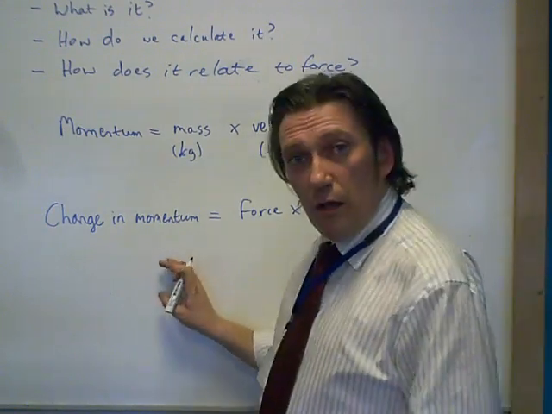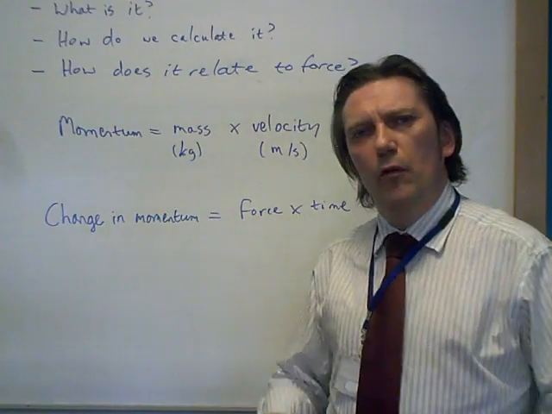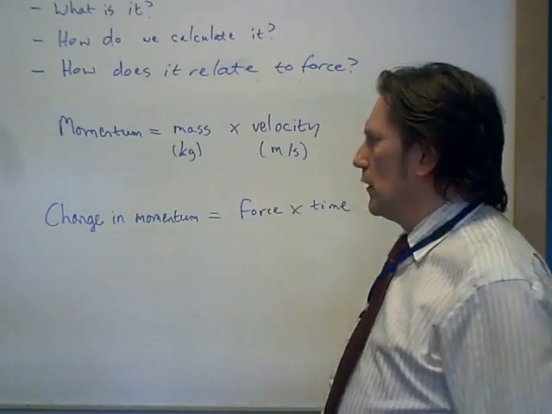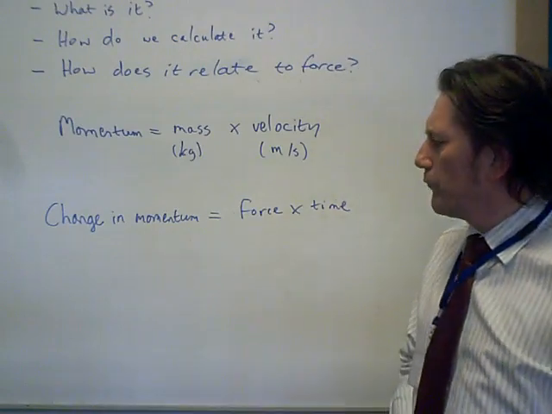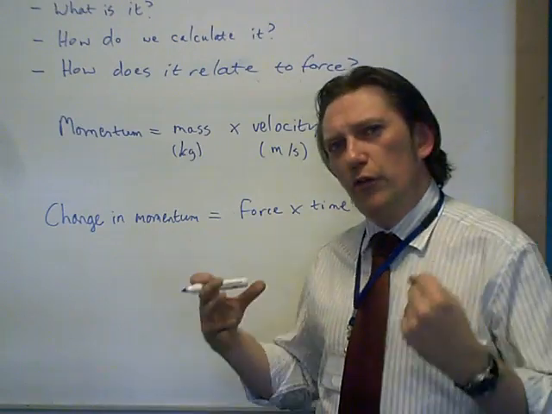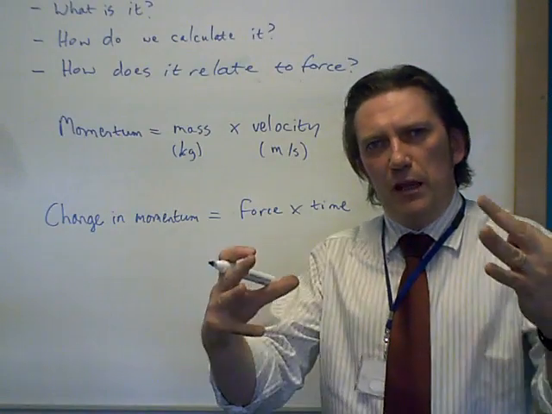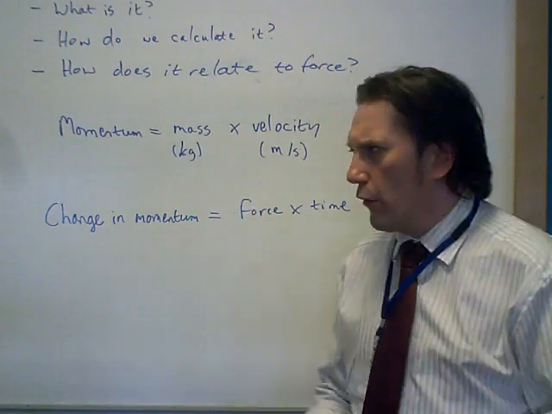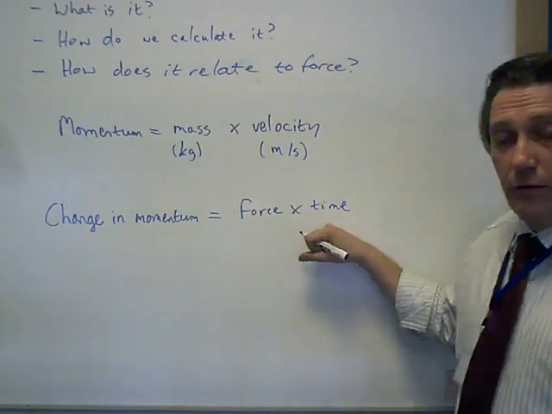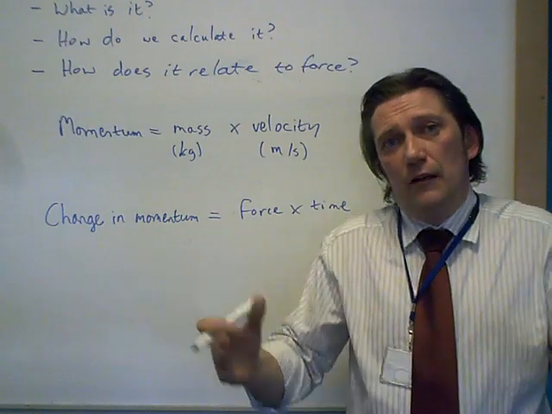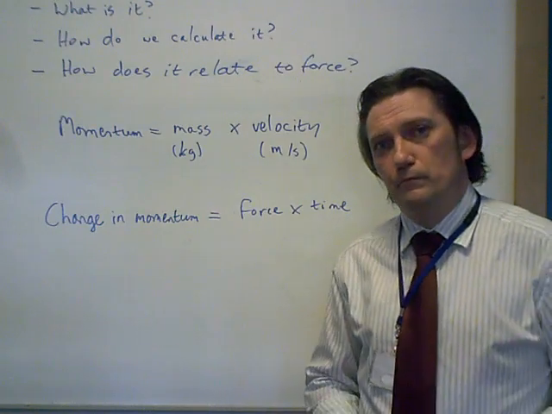So an object with a lot of momentum will be harder to stop than an object without much. We know that from what we've just learned. But if I want to stop that object, I've got two choices. I can either apply a big, strong force for a very short period of time, and that will bring it to a halt, or I can extend the time and reduce the force.